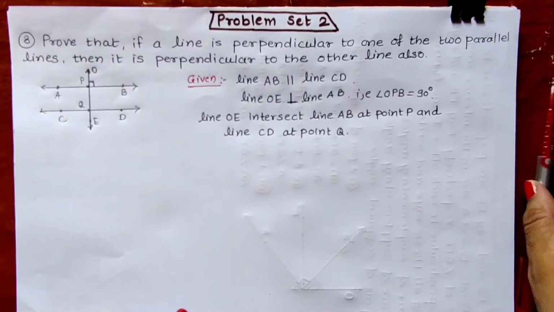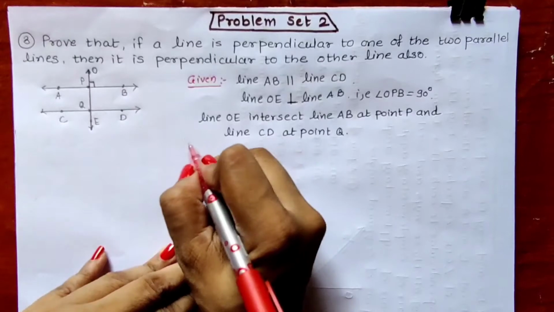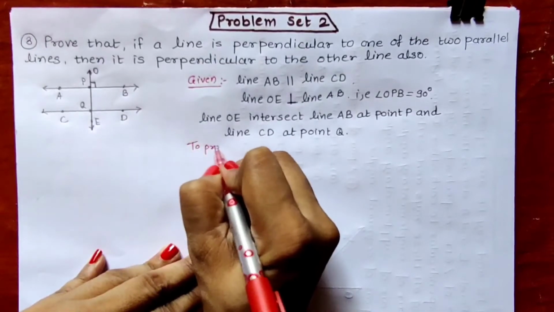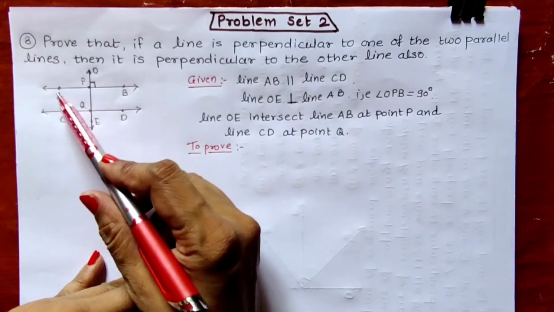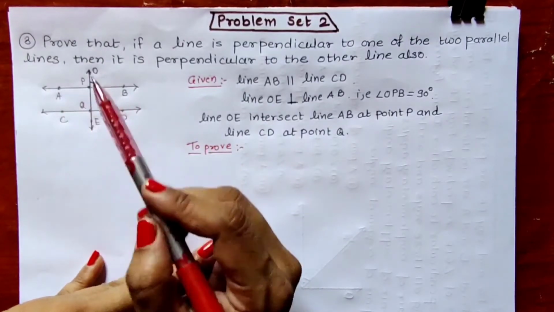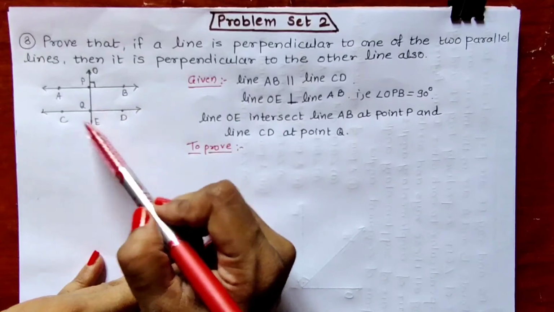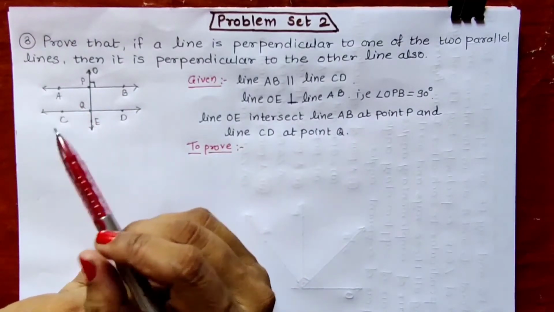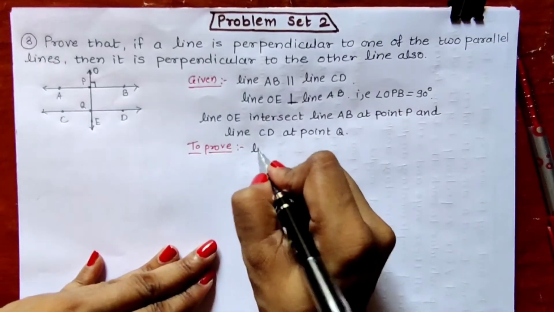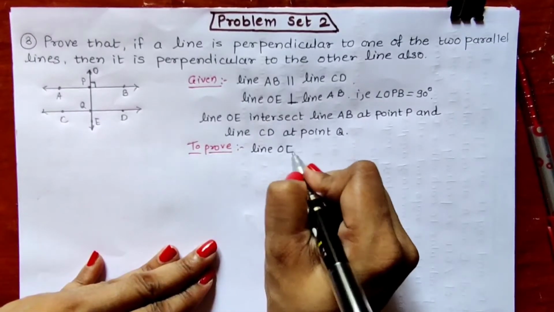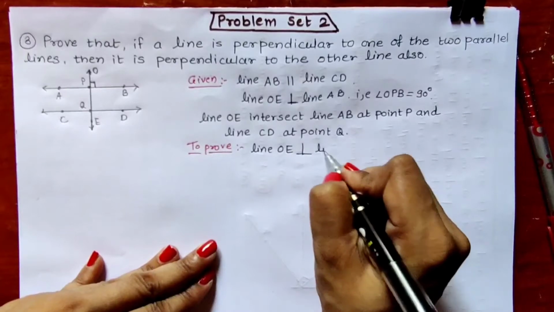Now let us write what is to prove. To prove is, this line is perpendicular to line AB. This is given. What we have to prove? OE is perpendicular on CD also. That is we will have to prove. So line OE is perpendicular on line CD.